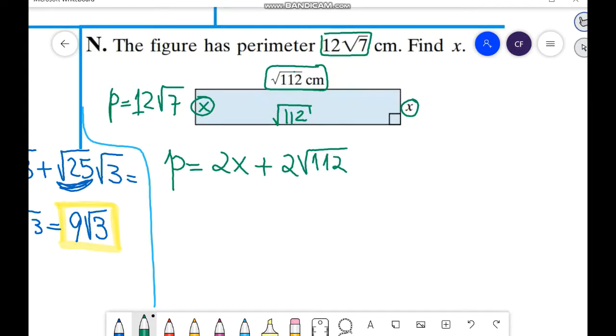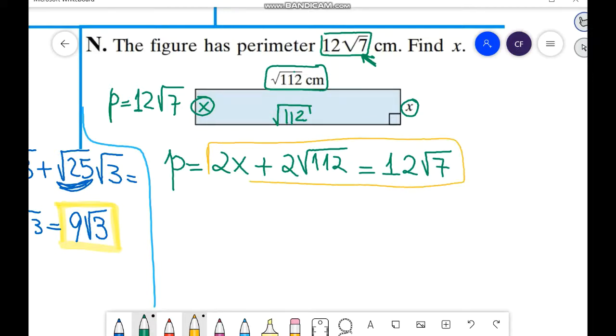This is the perimeter, but we know that the perimeter is equal to 12 square root of 7, right? This is given. The question says this. Now we have an equation. Look at that. 2x plus 2 times the square root of 112 equals 12 times the square root of 7.